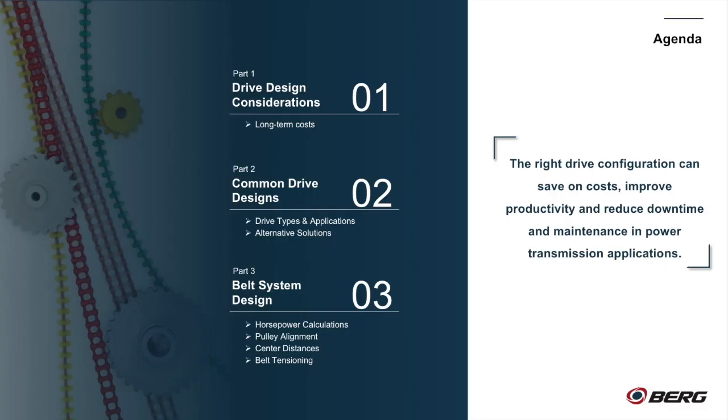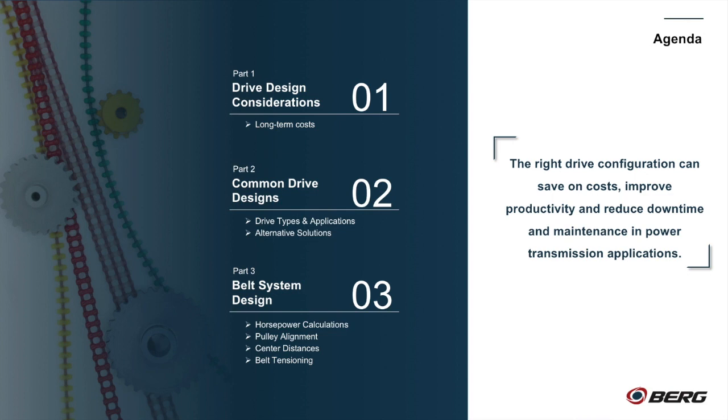Here's an overview of what we'll be talking about today. We will start off with the drive design considerations. What questions should be asked up front to help decide the appropriate solution for your application? Next, we'll review some of the common drive designs. We will examine many of the different design types and alternative solutions offered by Berg.